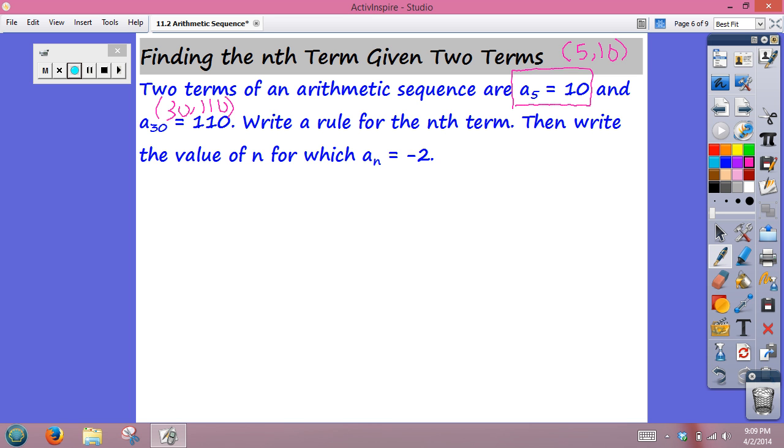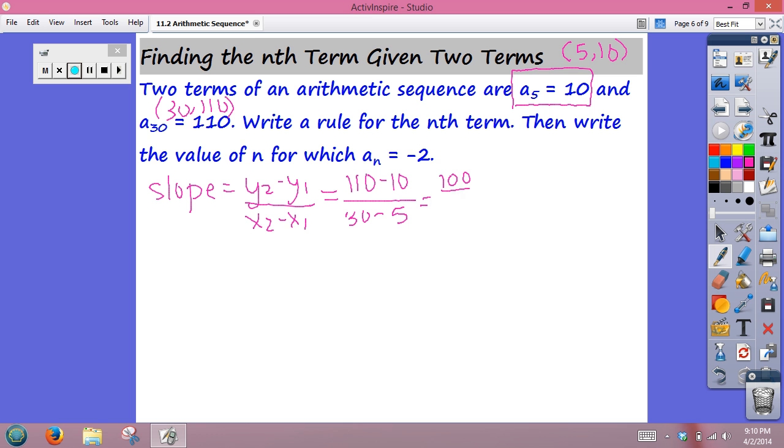So if we remember our slope formula, it's our y2 minus y1 all over x2 minus x1. Since we found two coordinate points, we can just plug these values in. So we get 110 minus 10 over 30 minus 5, which is going to give us 100 over 25, which is 4.